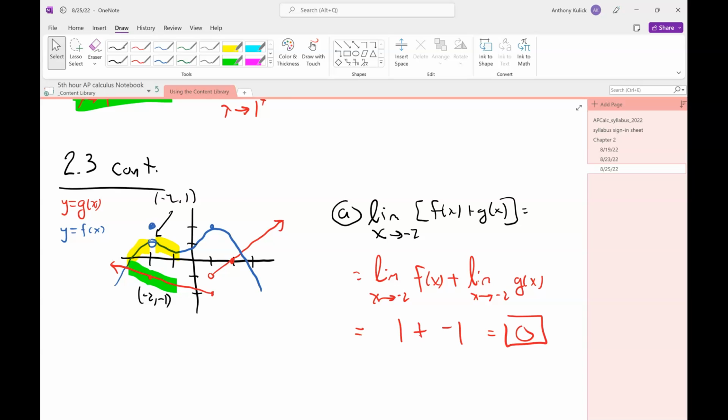Because I can't use direct substitution to evaluate the limit of f of x, because f of x is not either a polynomial or a rational function. So I could not use direct substitution here. And in fact, because it's discontinuous, right, we have this removable discontinuity going on, I know for sure that it's not a polynomial or rational function.